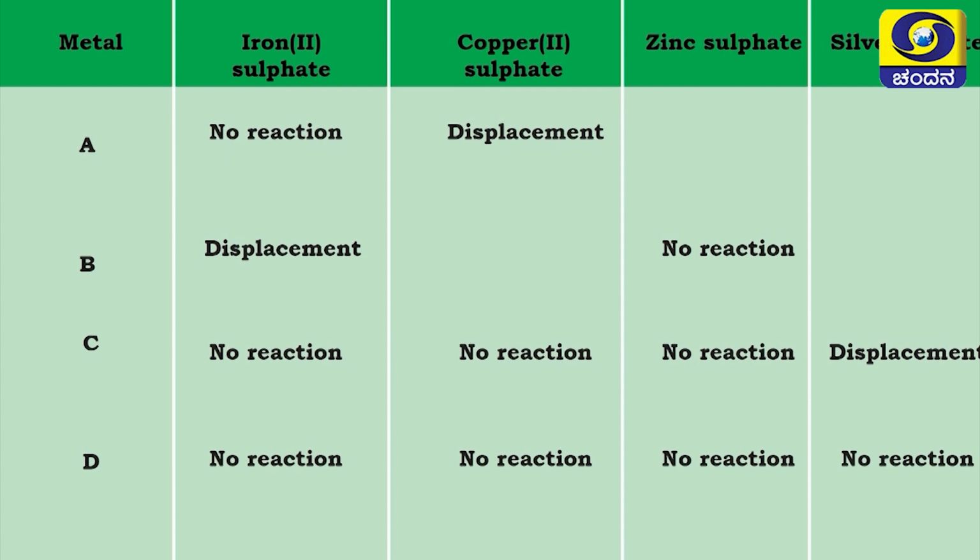Whereas metal B showed displacement reaction with iron sulfate and no reaction with copper sulfate and no reaction with zinc sulfate. And metal C did not react with iron sulfate, copper sulfate or zinc sulfate, but with silver nitrate it showed some displacement. And coming to metal D, it did not react with either iron sulfate, copper sulfate, zinc sulfate or silver nitrate.